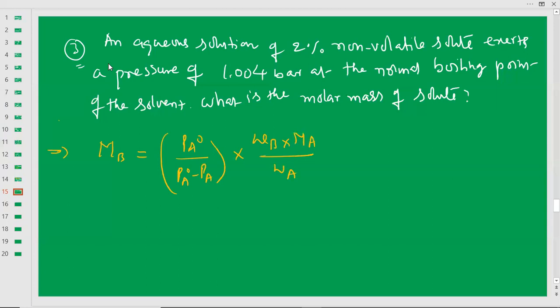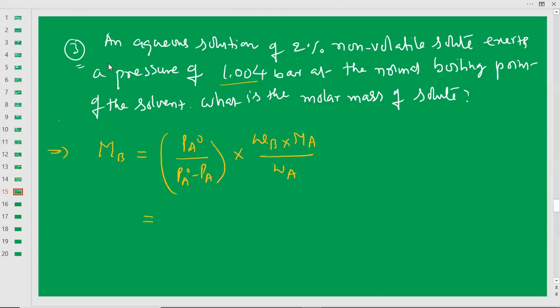Here, what is PA naught given in the problem? They have given 1.00 bar as the vapor pressure, okay, given.